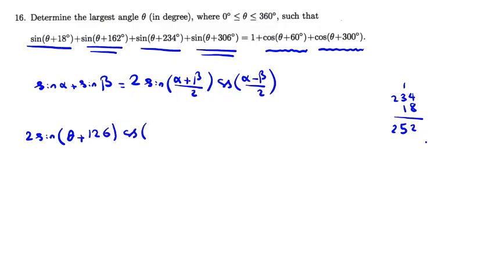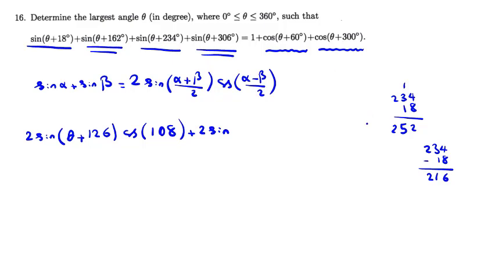Their difference 234 minus 18 over 2, it will be cos 108. And now let's apply for these two things, 162 and 306, plus 2 sine sum of them over 2.